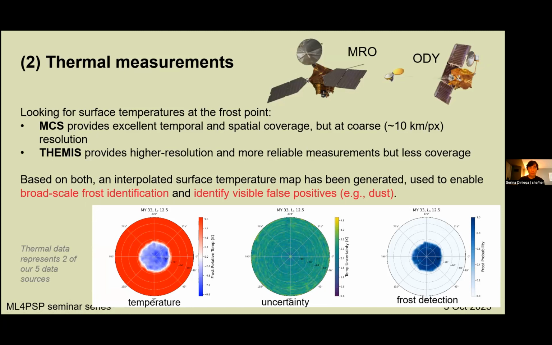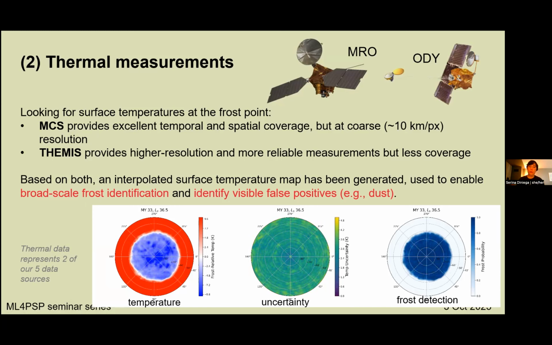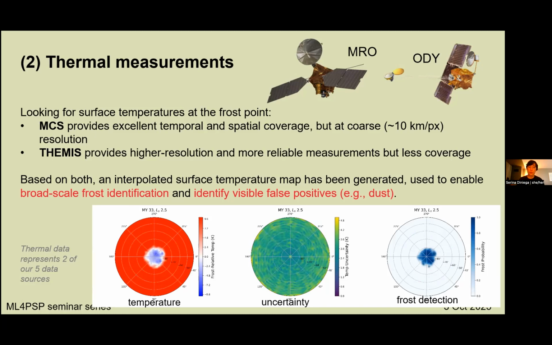Moving on to thermal measurements. So Gary Duran and our team has been doing a lot of work with this. As mentioned, what we're doing with the thermal, it's much coarser resolution, but it has a much less ambiguous indication of frost as long as you have large-scale frost coverage.